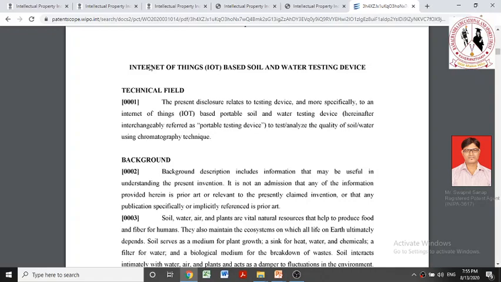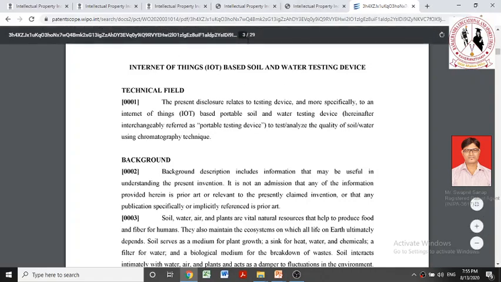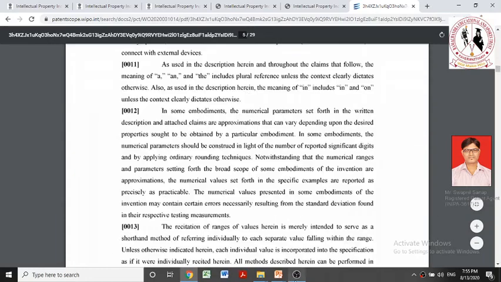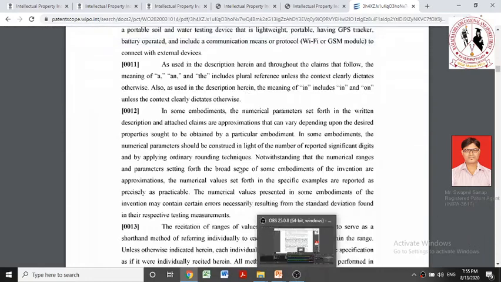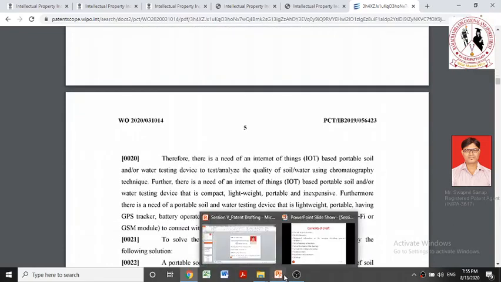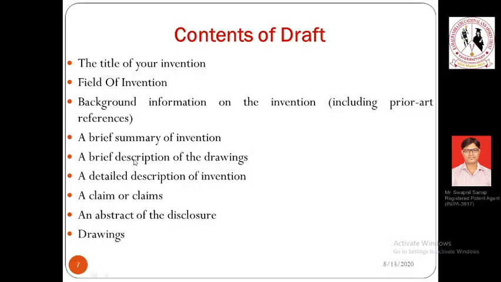So what is happening here is this document is around 29 pages, and you would see that this 29-page document tries to cover all these sections that we just discussed. For example, all these particular parameters and points are required, and thus it is considered a patent eligible kind of document. And I think this patent is already granted.